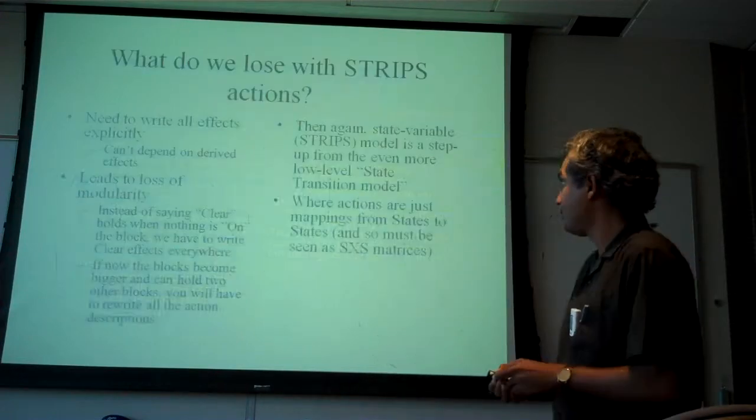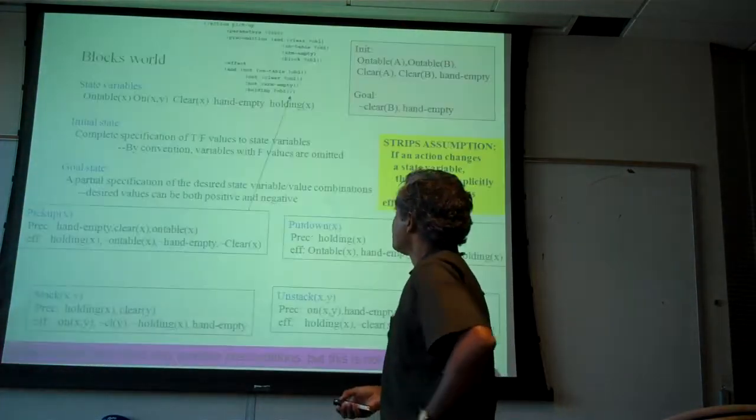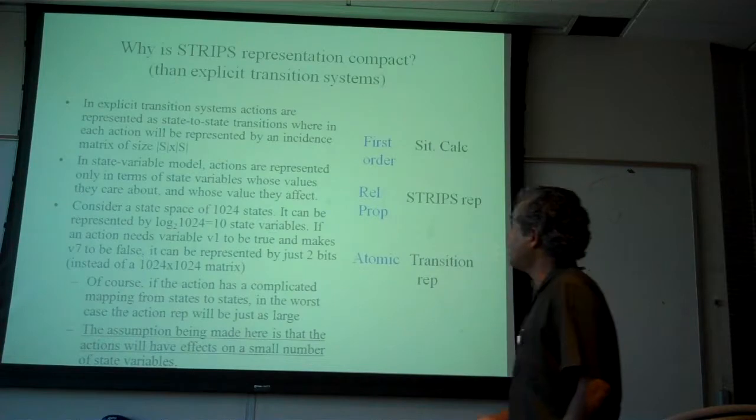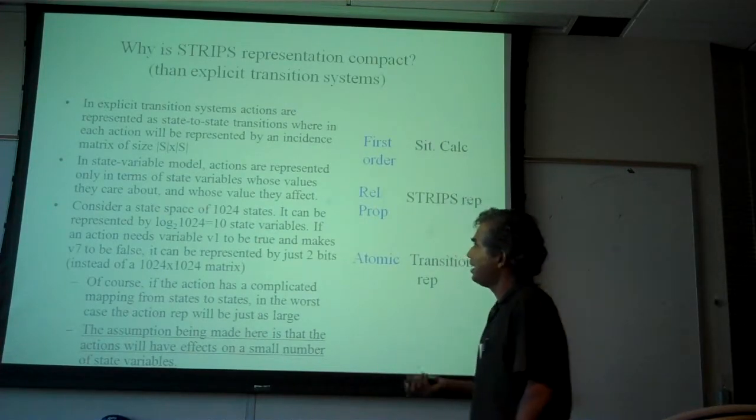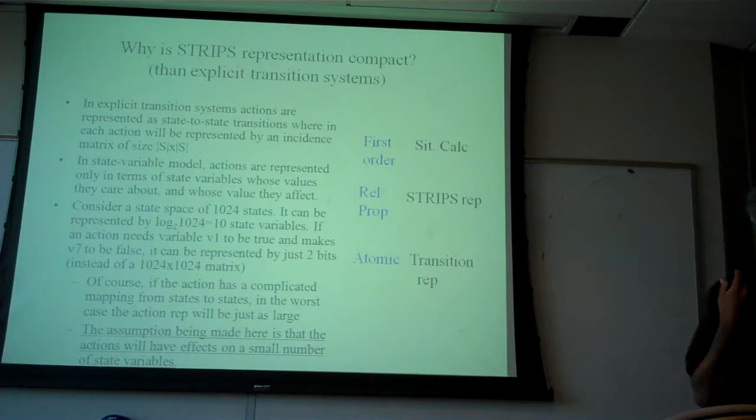So that's where we were. Why is this STRIPS representation slightly more compact? Why is it better than atomic representations?